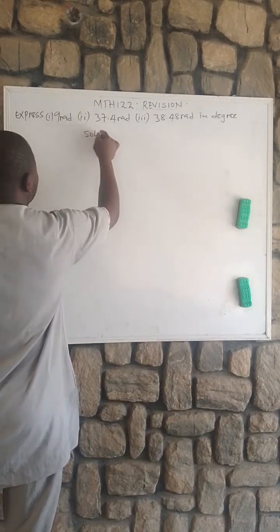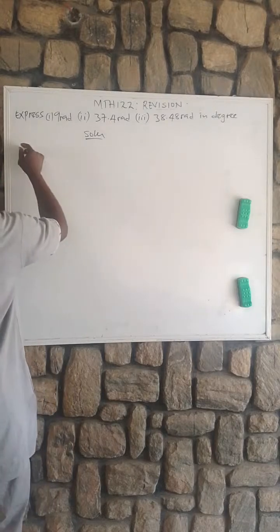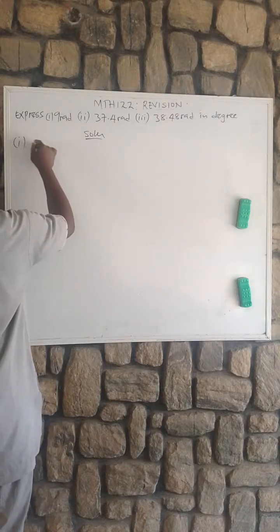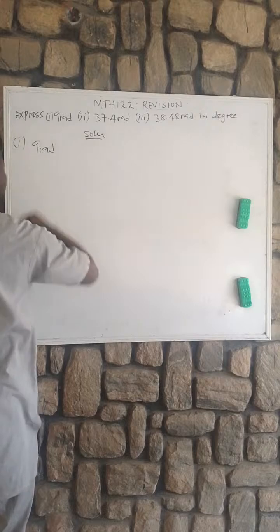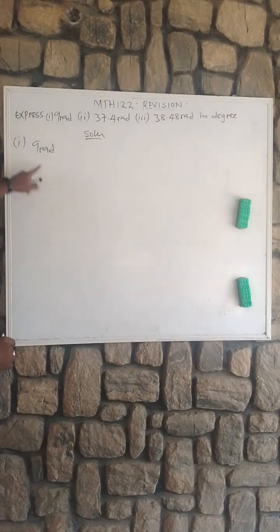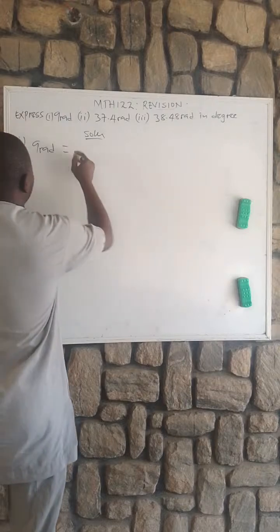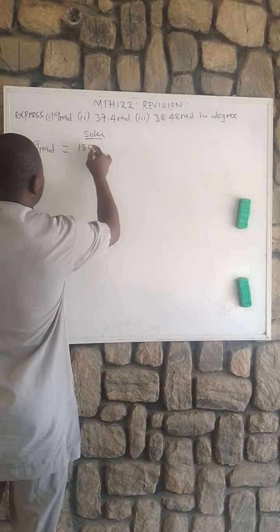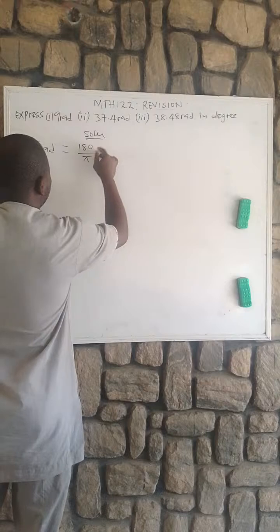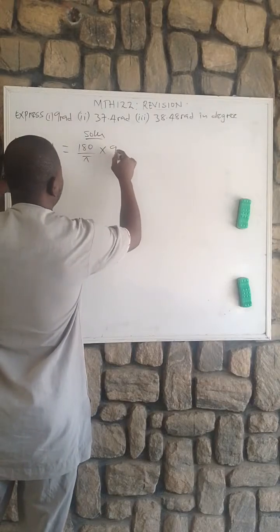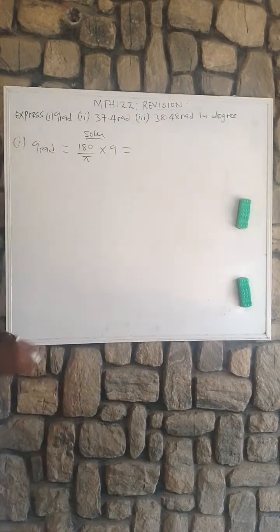So let's write the solution. Our I is 9 radian. You press your calculator. 9 is in radian. So if you want to convert it to degree, it means this will now be equal to 180 all over pi times 9. Here, press your calculator.